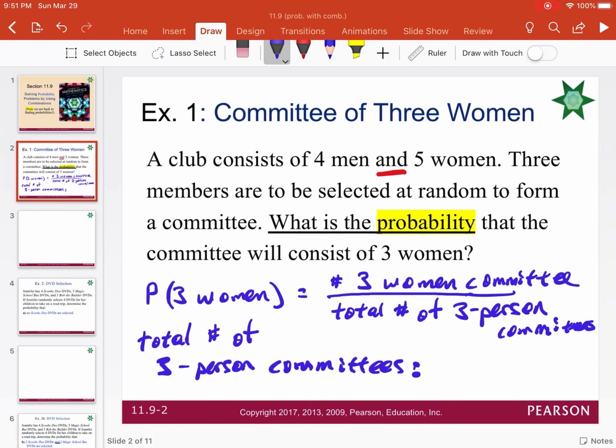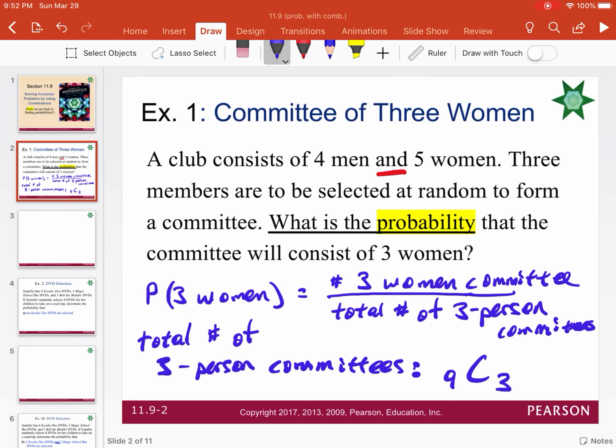So we're going to be doing combinations or permutations? Combinations, right, because we're doing committees. We're not arranging the people. We're just putting them on the committee. So what's the total number of possible three-person committees? Well, that would be a combination. How many do we have to pick from altogether? 9, right? And we're picking how many? 3. So that would be the bottom.